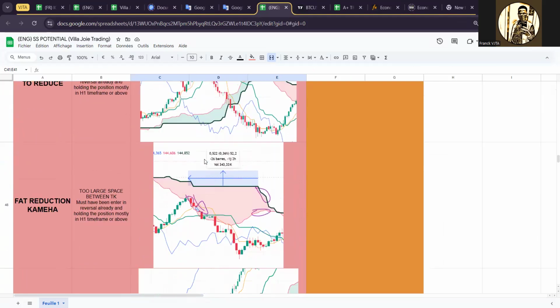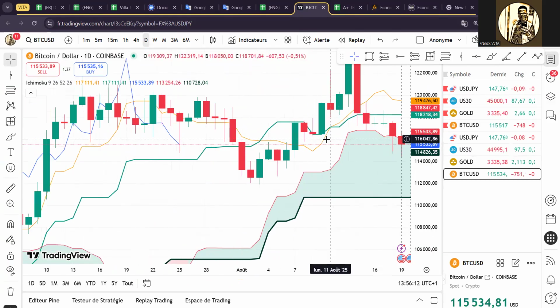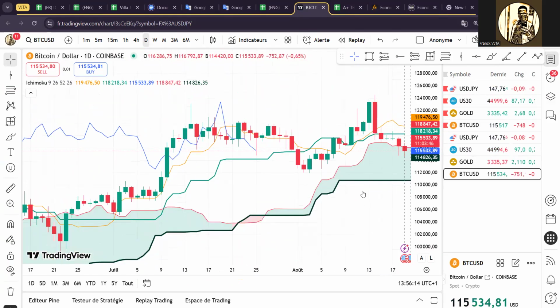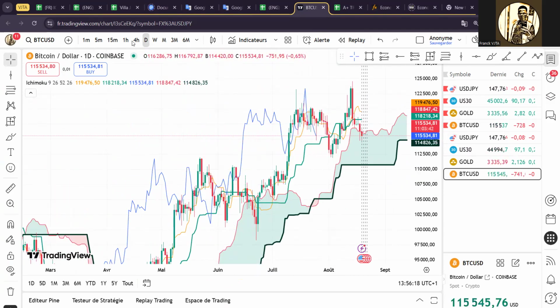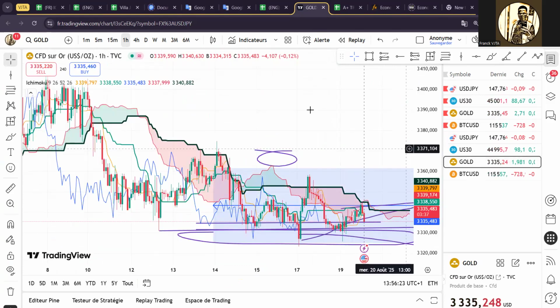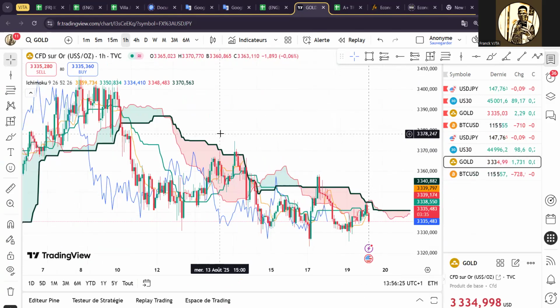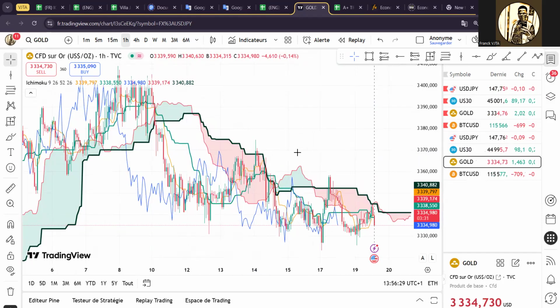So then you have fat starting to reduce. For example, if you go on Bitcoin or on gold 1 hour, you had a big fat here on this downtrend, right?